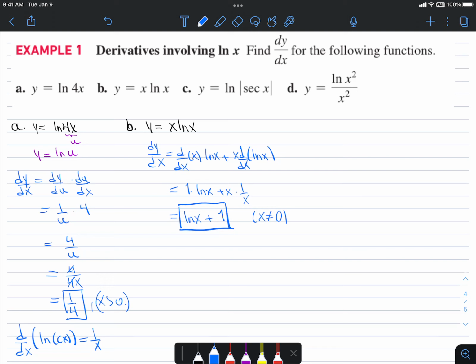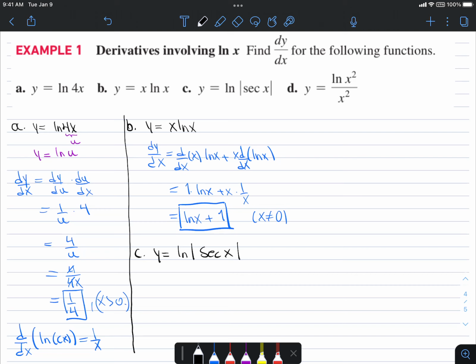Now here is the next one. C, if I split that up so there's no confusion, is using the function y equals ln of absolute value of secant x.